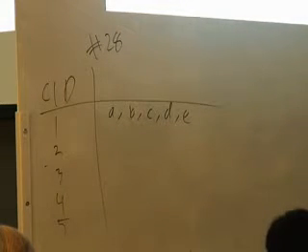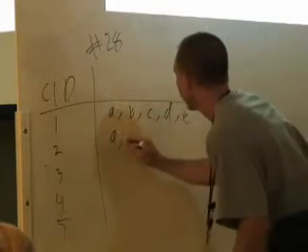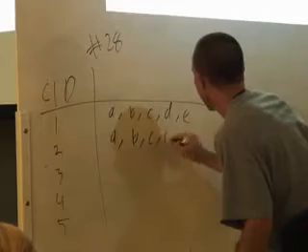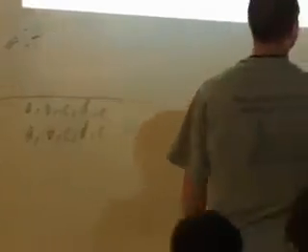Next guy has also bought everything, A, B, C, D, E, okay? But number 3, looks like he did not buy A, right? Number 3 came a couple times and he never bought A, but he bought everything else.